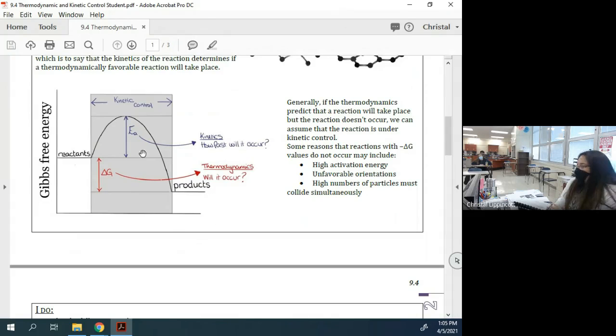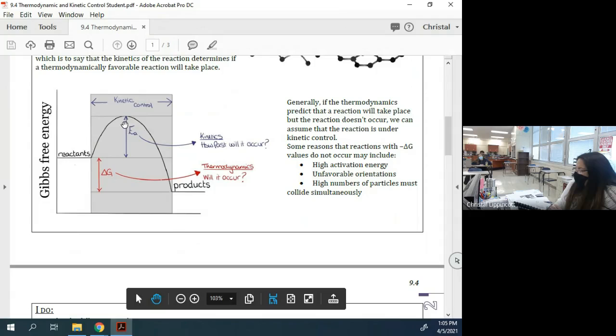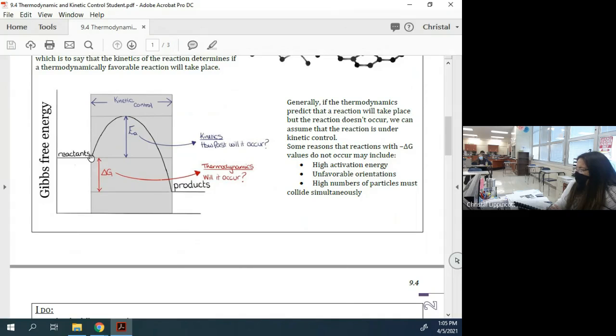Okay? So when we look at these charts, and you guys have seen these, this is your activation energy. Where your reactants started, the top of this, that is going to be your activation energy, and that's going to tell us with kinetics how fast that's going to occur. This section here, reactants down to products, when we have an exothermic reaction, that's where your thermodynamics is going to happen.